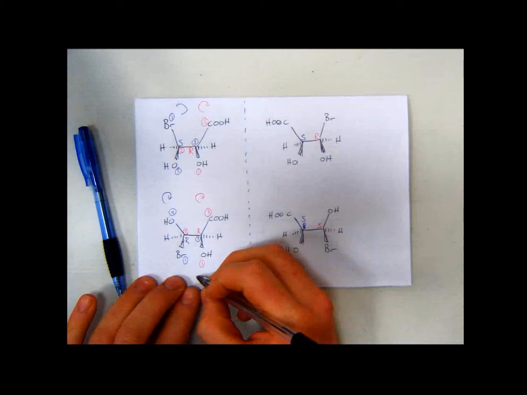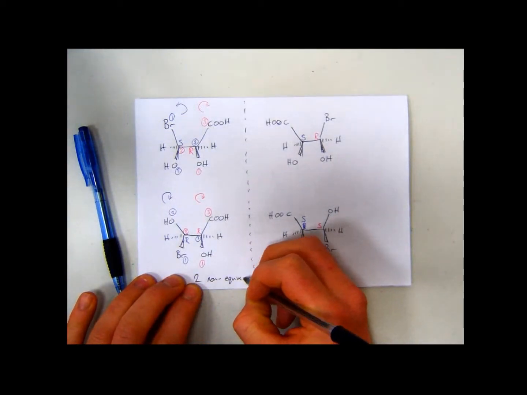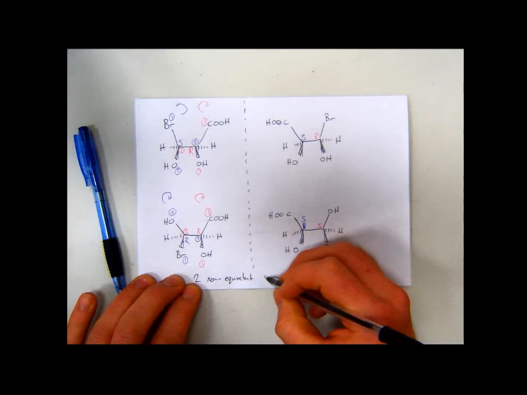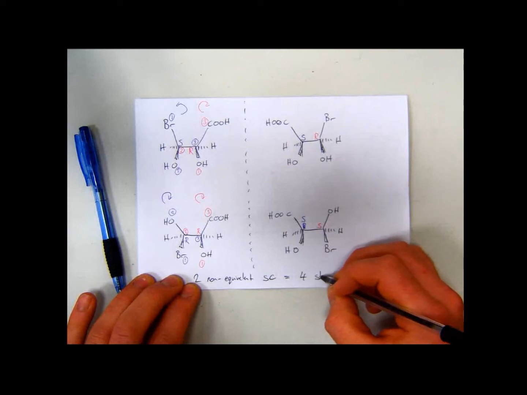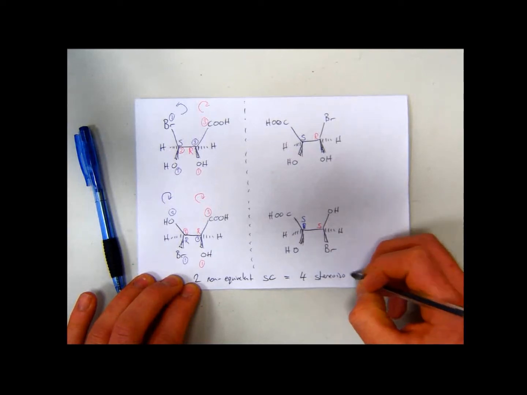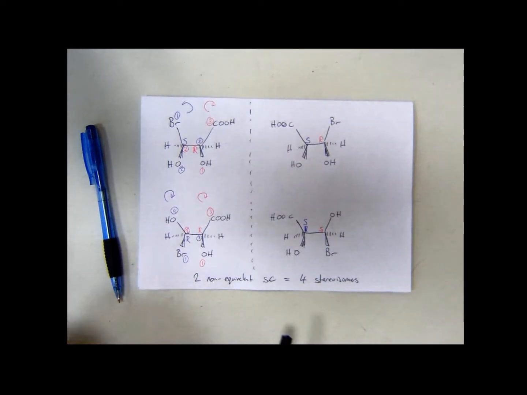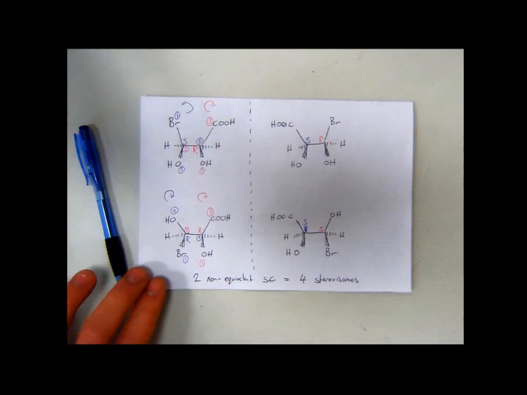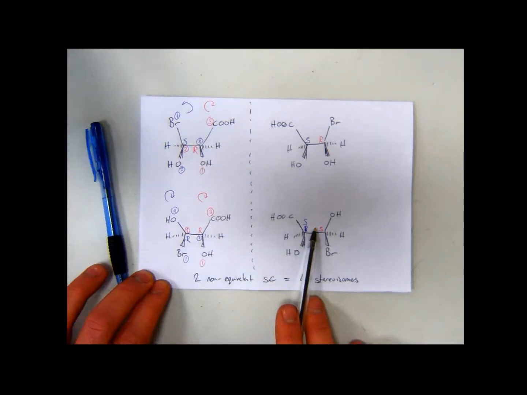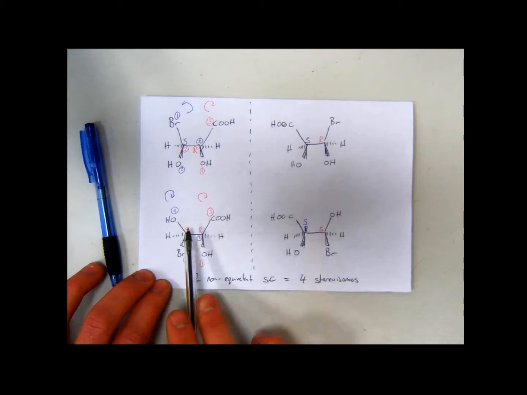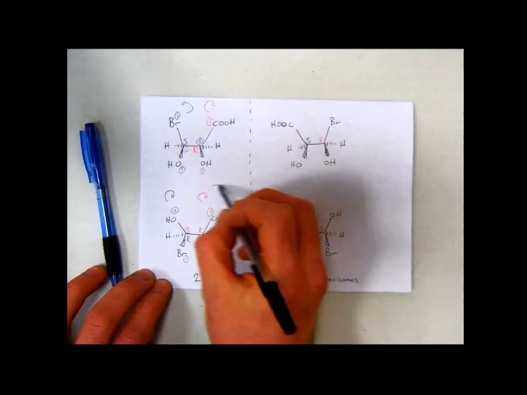As you can see, two non-equivalent stereocentres has given 4 stereoisomers. As you can see, because they are reflections of each other and they are not superimposable, this pair and this pair are both enantiomers.